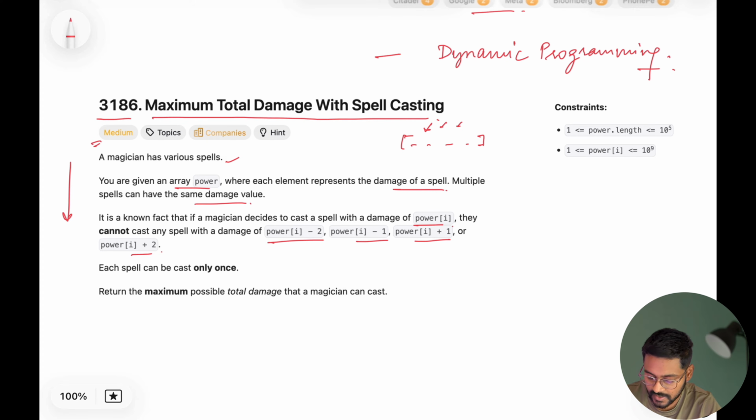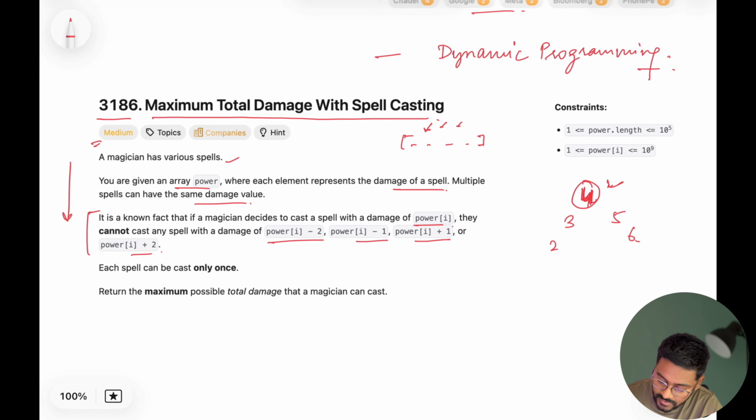Let's say there is a magician who is casting a spell with the value 4. So that spell is causing a damage of 4. They are saying that if the damage 4 spell is cast, then they are not going to cast a spell with damage 4-1, which is 3, and 2, and 4+1, which is 5, and 6.